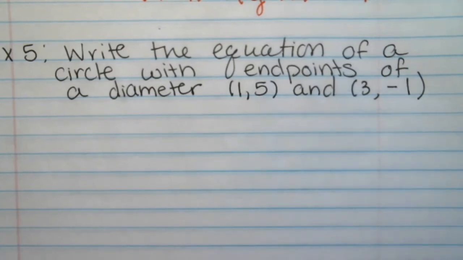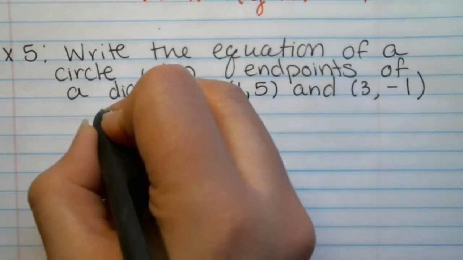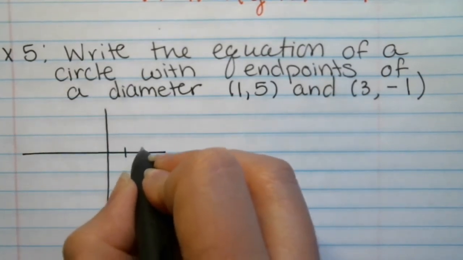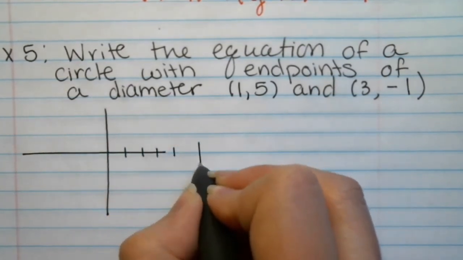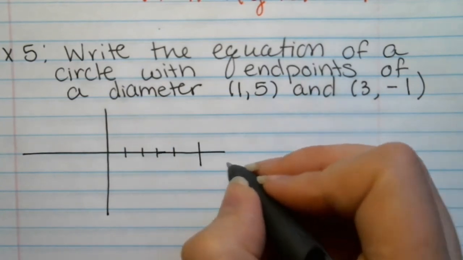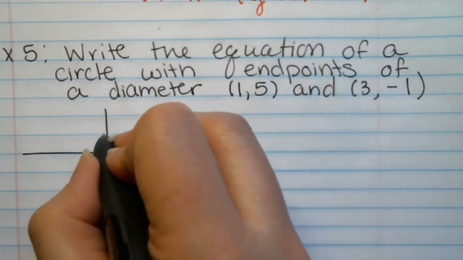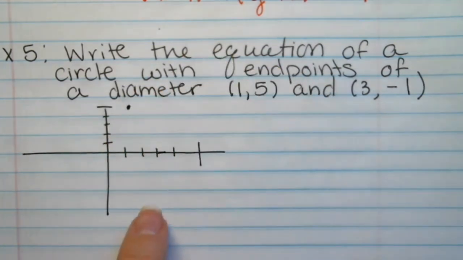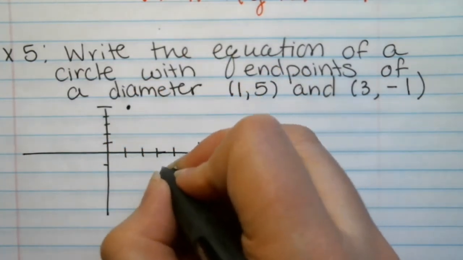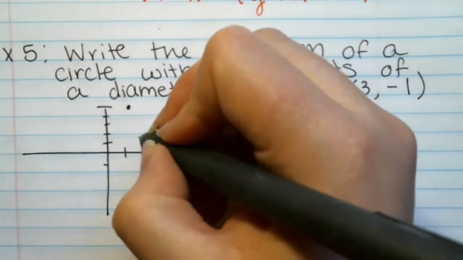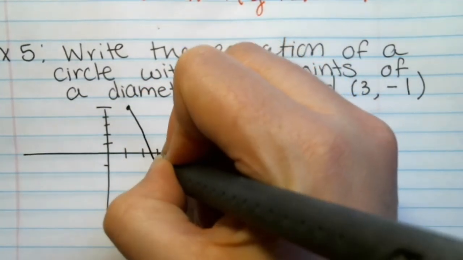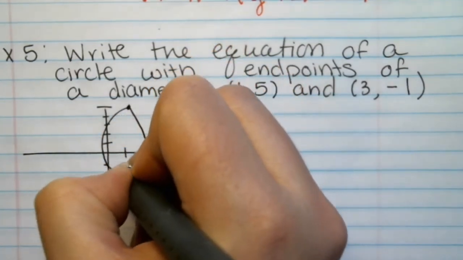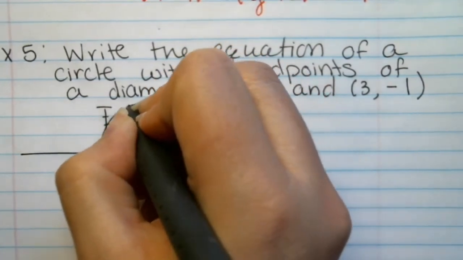So if we look at what this is looking like, we have 1, 5, and then 3, -1. Now these are a diameter, meaning that the circle is going to look something like this.